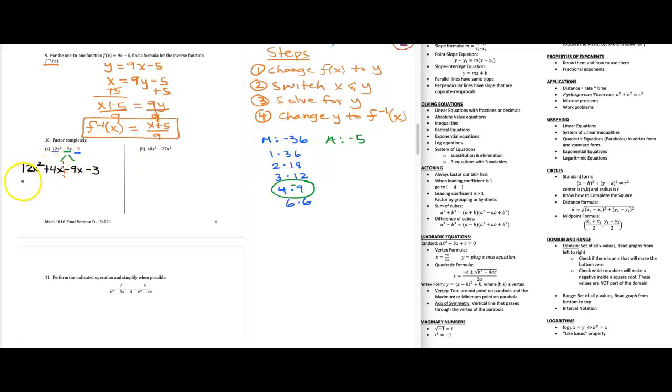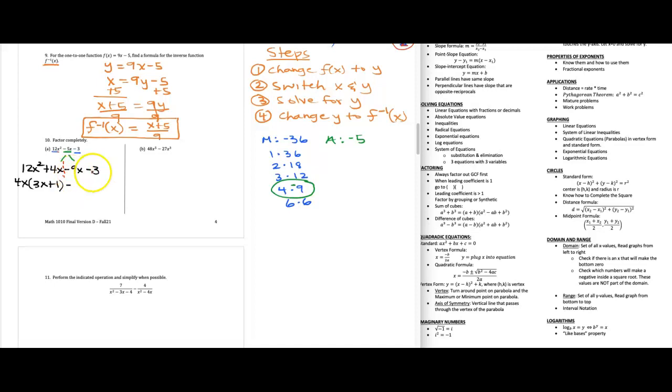Okay, so on this, 4x is the greatest common factor there, so 4x comes out, and then left over, if I divide each of these parts by 4x, that's going to give me 3x, and then 4x divided by 4x is 1. And then on this next one, since this is negative there, we are going to take a negative number out.